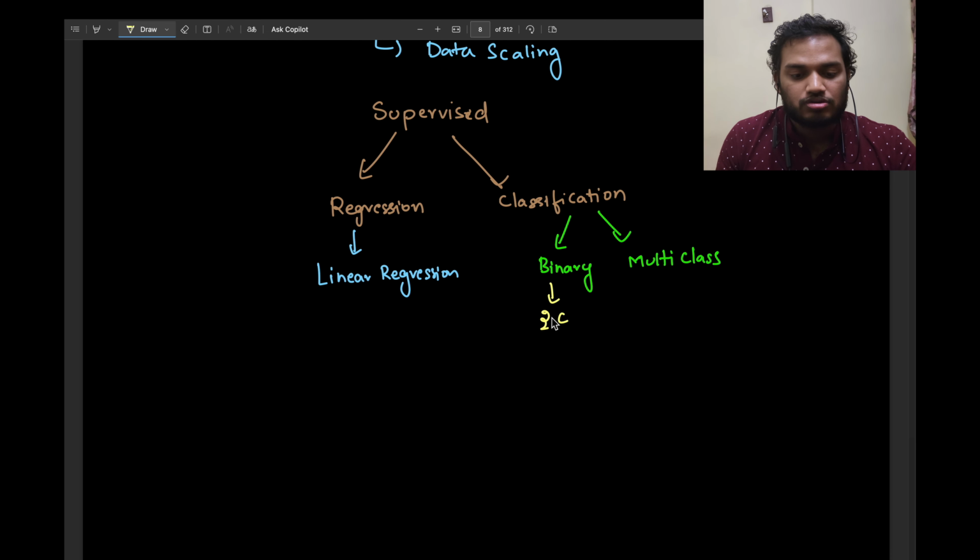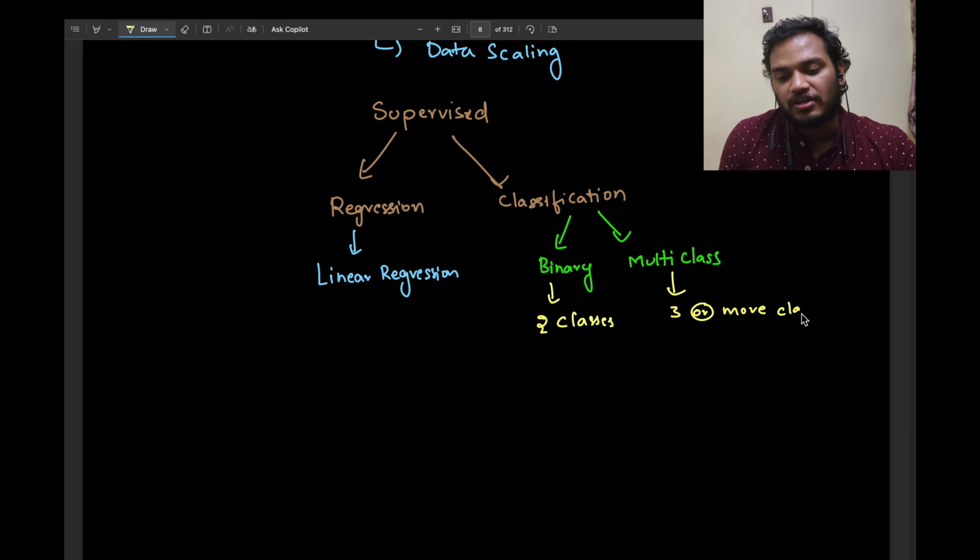And similarly, if the output has three or more classes, then we can say it is multi-class classification. So these are the two kinds of classification sub-problems.